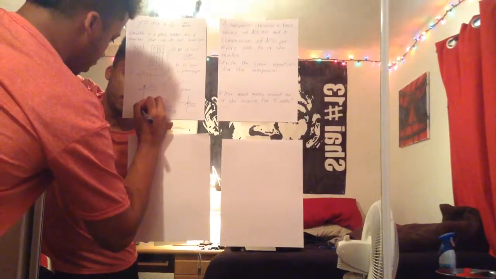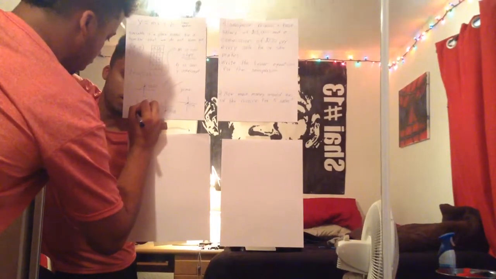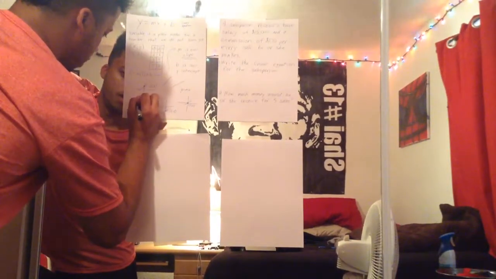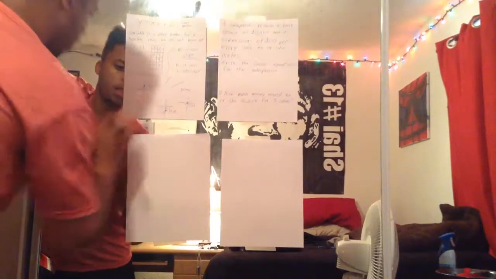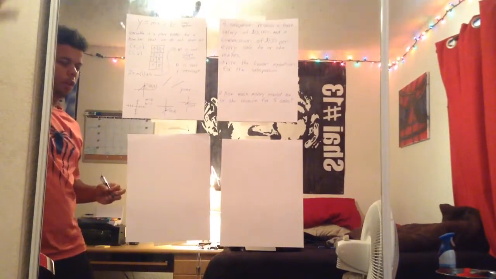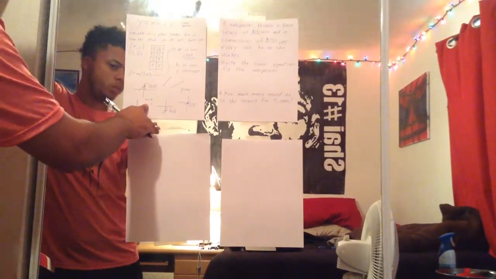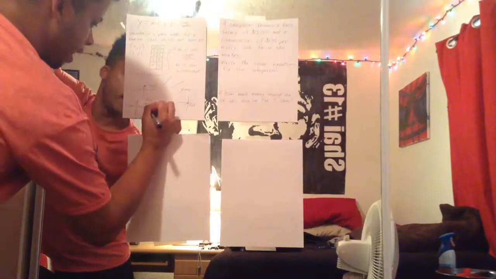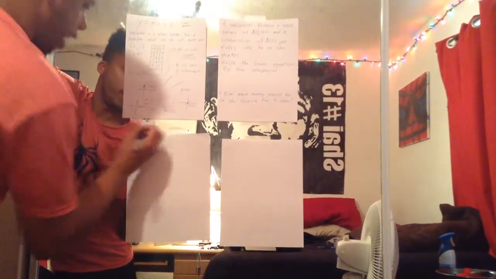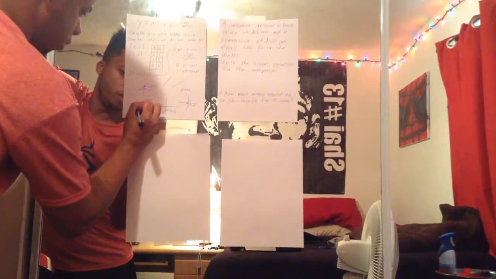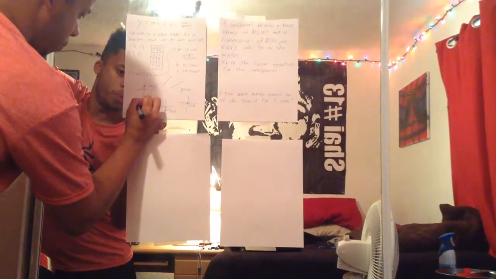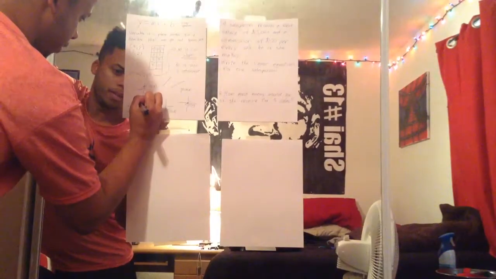If we have our graph like this, remember our b is where x equals 0. So we can write this as 0, 1. And if we plot that, we don't move left or right because we're at 0, and we go up 1. That is our b.